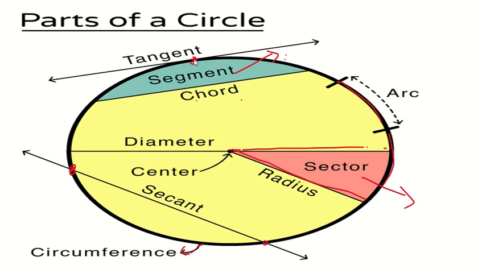What is the relationship between the diameter and the radius? The diameter is twice the radius.